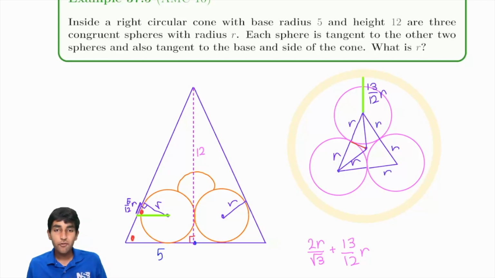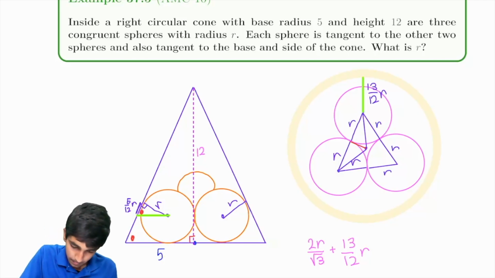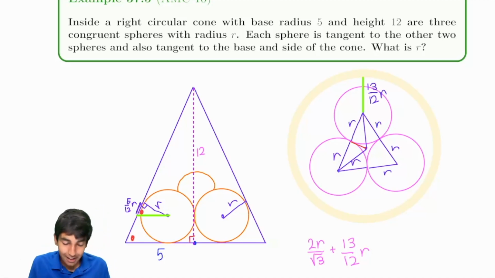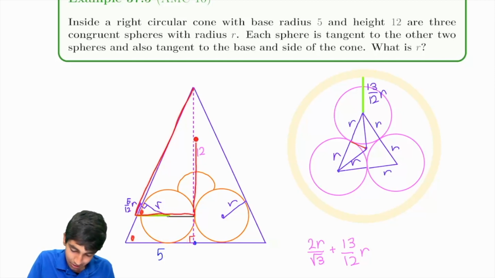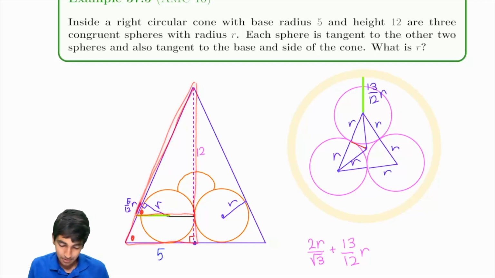How can we possibly find that distance? We can use similar triangles yet again. So notice that these sides are parallel. We've got another pair of similar triangles. Aha!